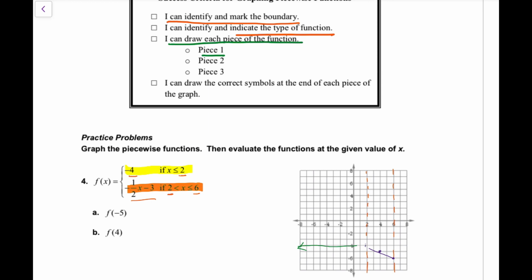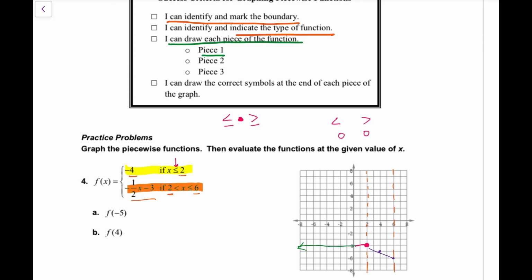Now we're going to draw the correct symbols at the end of each piece of the graph. If you have a less than or equal sign, you're going to do a closed circle, or a greater than or equal sign is a closed circle. If you have a less than or a greater than, you're going to put an open circle at the end of the piece. So since x is less than or equal to 2, we're going to draw a closed circle right at the end of the piece.